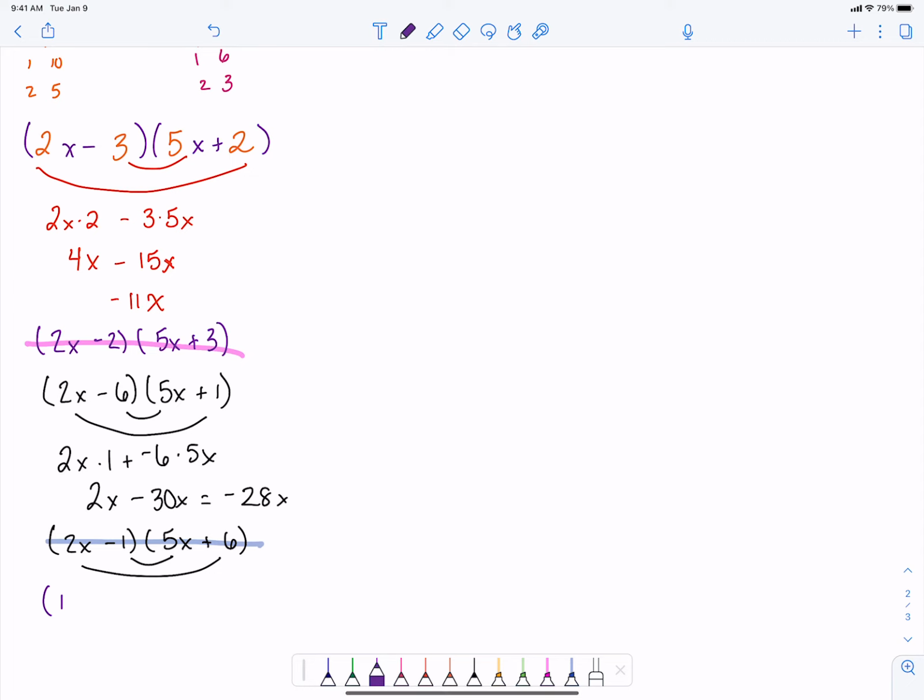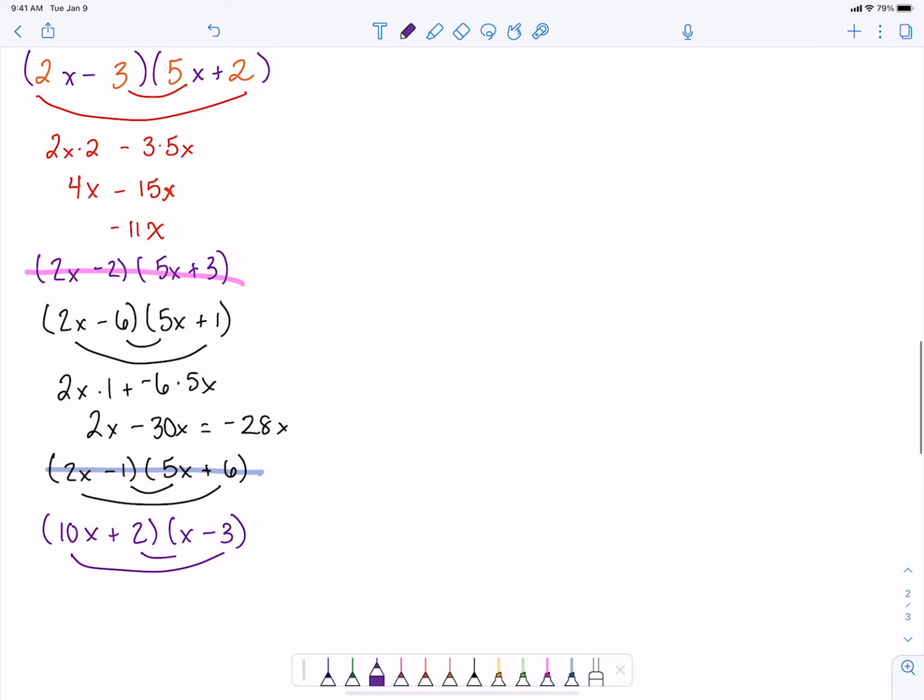And so maybe we'll try 10x. And I don't think I want to use the 1 and 6. Maybe we'll go back to the 2 and the 3 and see what happens. So maybe we'll put the 2 there. We'll go x minus 3, and we'll try this out. This is about the point where I might start getting frustrated and going, could I try something else?